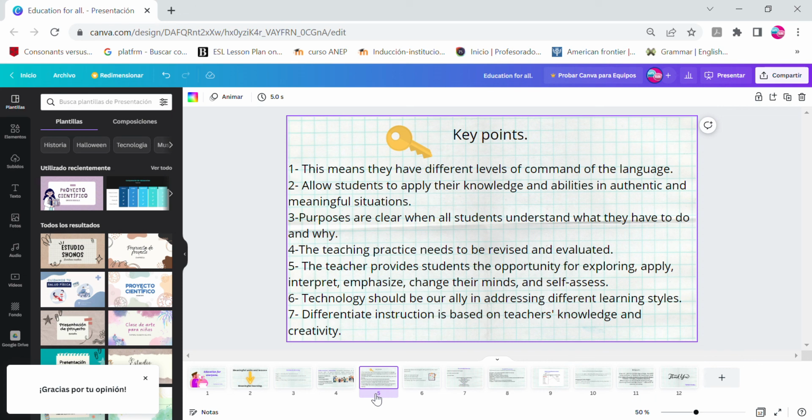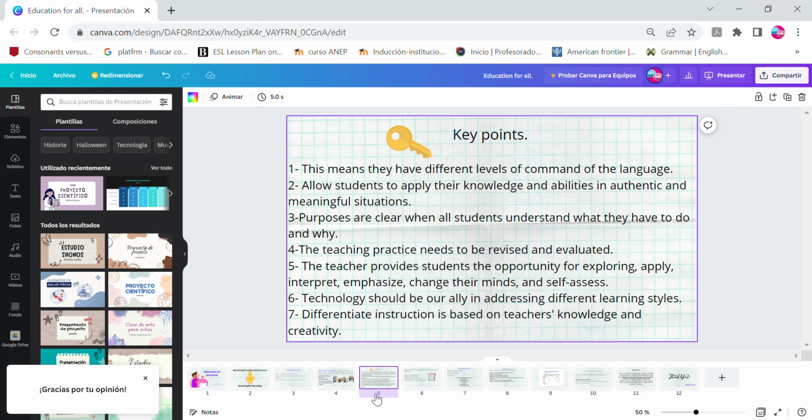It is important to bear this in mind, because when we talk about backward design at the beginning, we say, okay, in stage 1, we have to state which are our aims, which are the aims of this unit, for example. And that not necessarily means that we are not going to make changes if they are necessary.